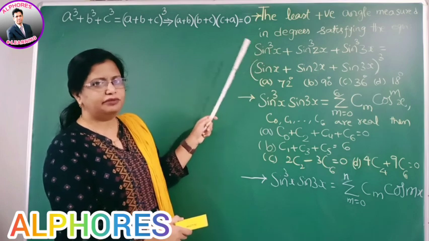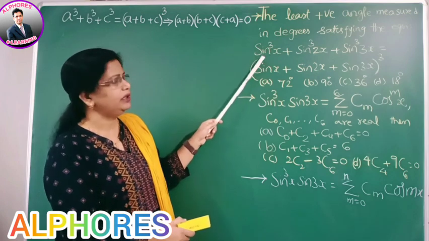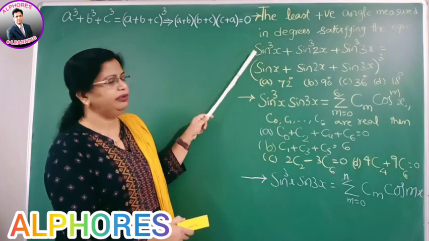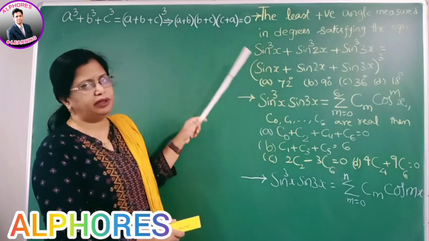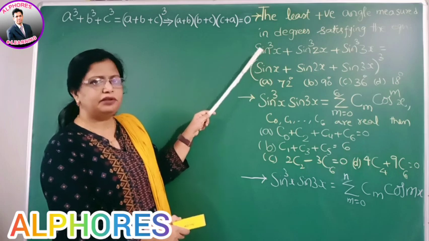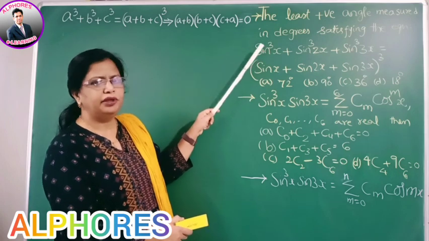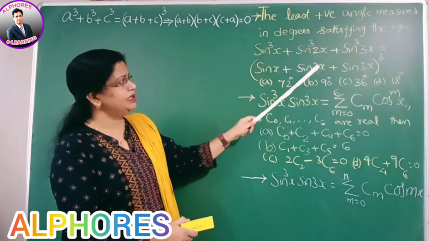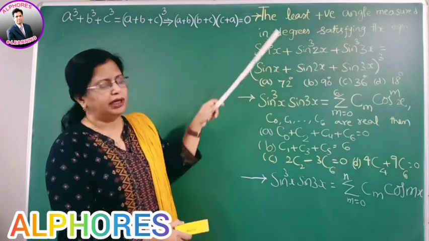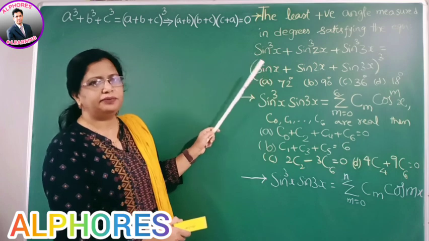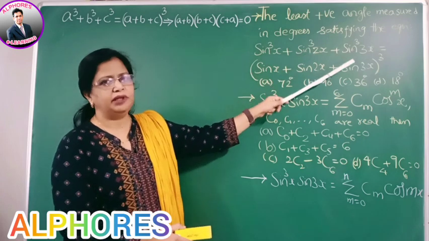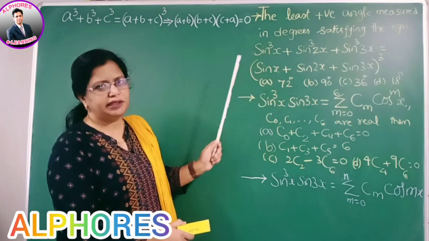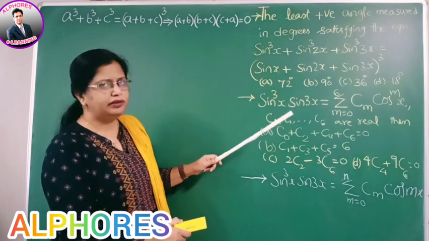Many times we have been discussing that all these trigonometry problems involve algebra formulae. Now students, observe clearly here, it is of the form a cube plus b cube plus c cube equal to a plus b plus c whole cube. Earlier we were well aware of the formula a cube plus b cube plus c cube is 3abc if and only if a plus b plus c is 0 or a equal to b equal to c.